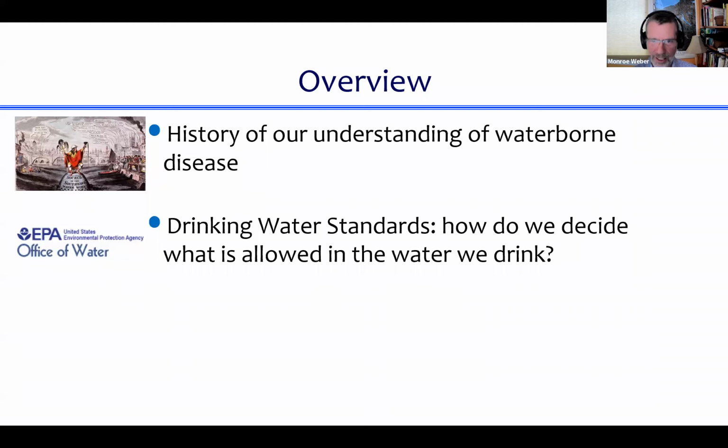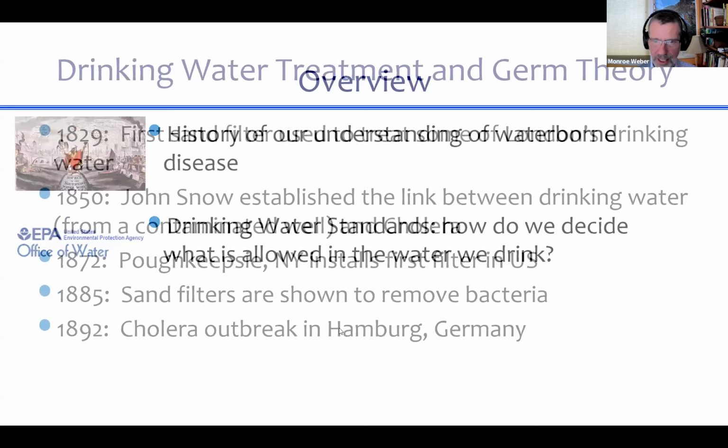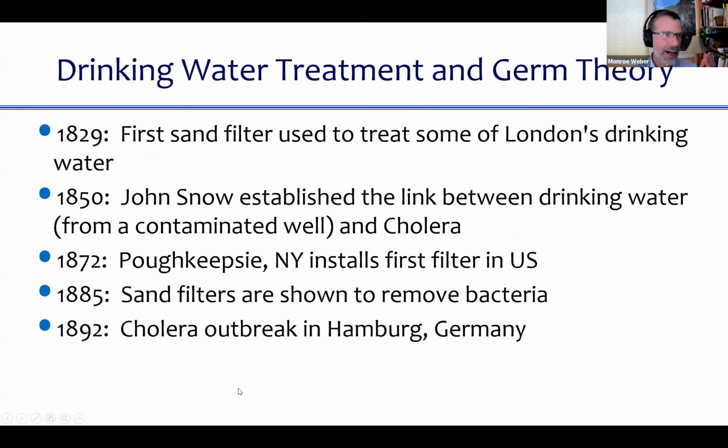So a little bit of history on our understanding of waterborne disease, and then some on drinking water standards. Just a few important dates. It gives you a sense of how developments in water treatment didn't follow some nice logical progression.